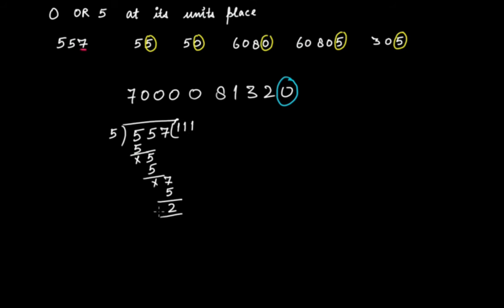Now you have 2 as a remainder and not 0, therefore 5 is not a proper divisor, and therefore 557 is not divisible by 5. So this was the rule to check whether any number is divisible by 5 or not, and the condition was it should have 0 or 5 at its units place.